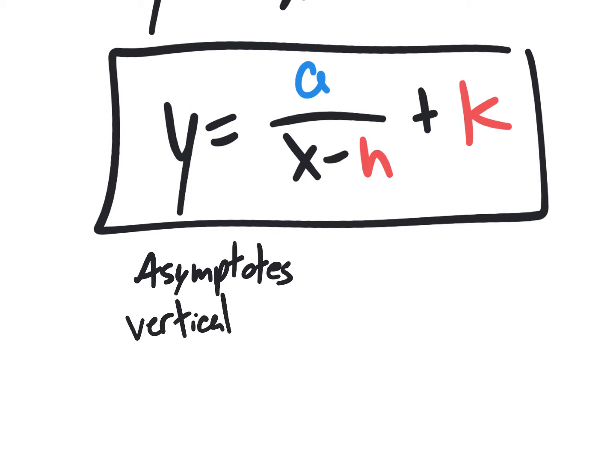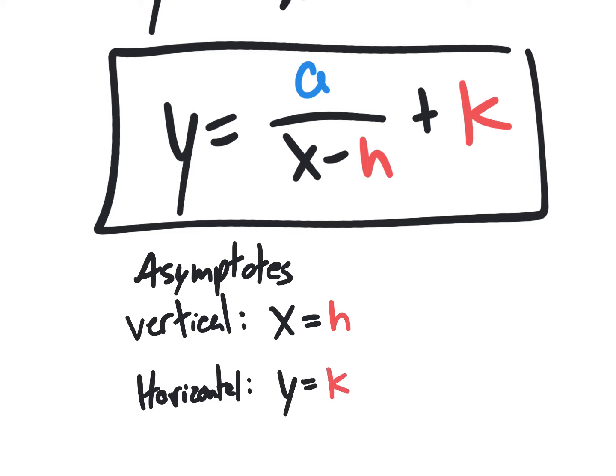The vertical asymptote is the equation x equals a number, and in this case it's going to be the number h, okay? The horizontal asymptote is going to be the equation y equals k.